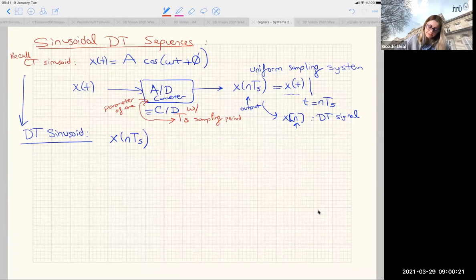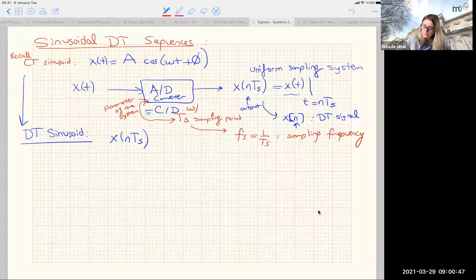That means you have to specify how frequently you take your samples, and that would be the sampling frequency. So from here, of course, we will have fs equals 1 over Ts, our sampling frequency. Both of them are important.